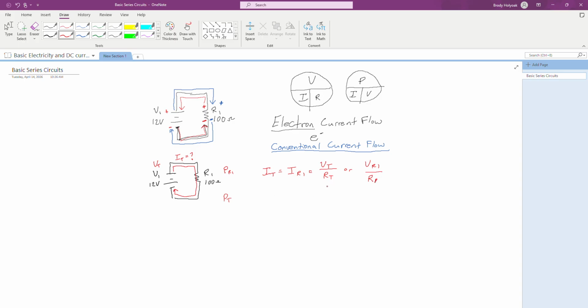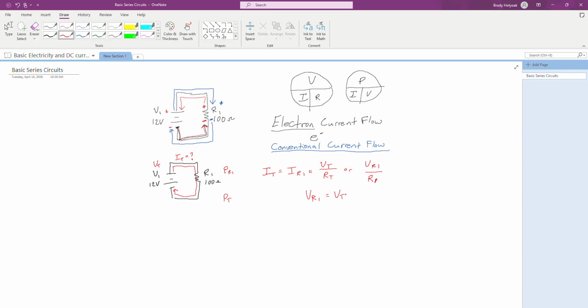So either method we can use to solve for this, because in this case there's only one resistor, there's only one current path, so we are looking at all these totals. And in this case, my voltage of R1 is going to be my voltage total, because the voltage that comes into the circuit has to be dropped across the entirety of the circuit.